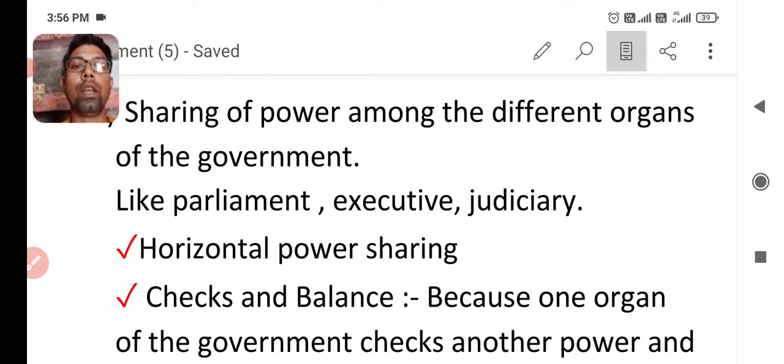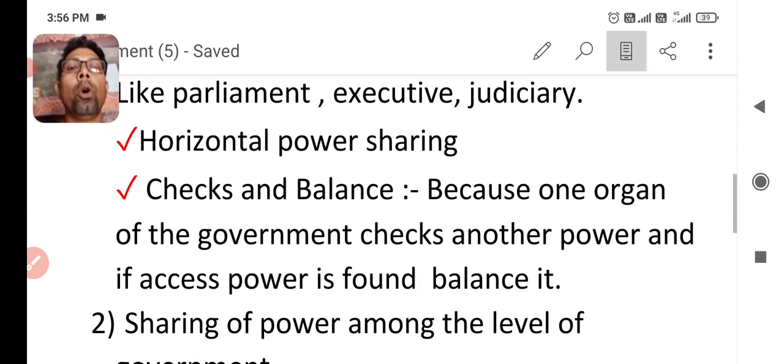And the next is, this is also known as the checks and balances system. Horizontal power sharing is also known as the checks and balances system. Why? Because one organ of the government can check the power of another. You know that our judiciary can review the law made by parliament, and parliament also controls the executive.